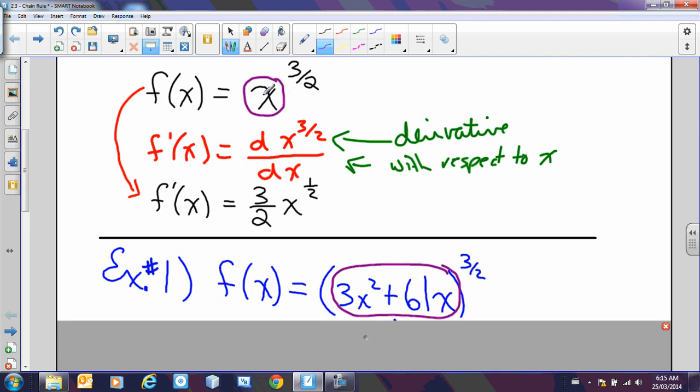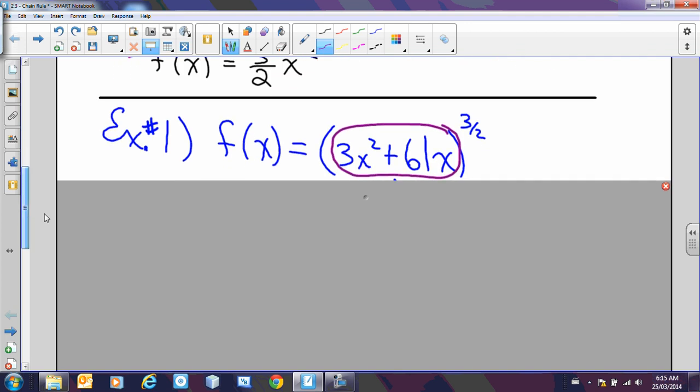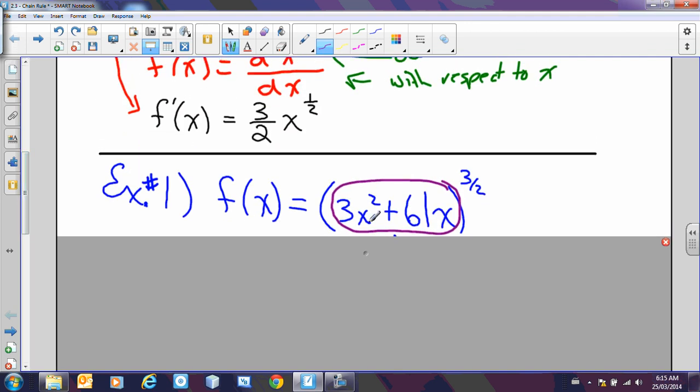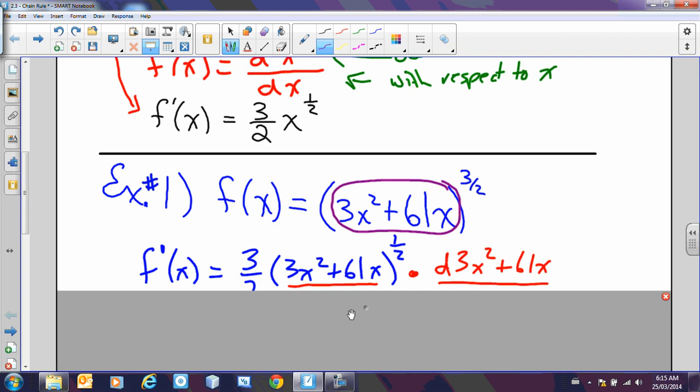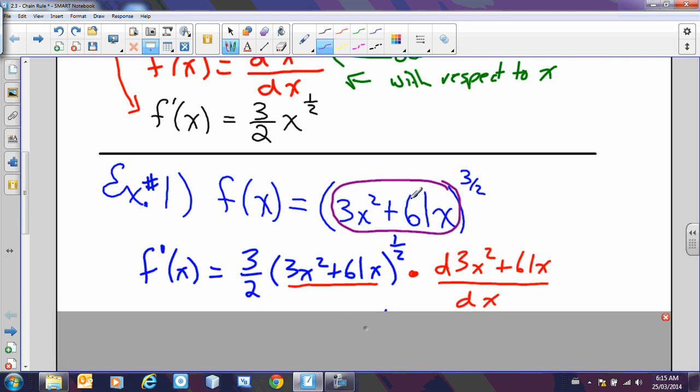And if I have an unknown value to the exponent 3/2, I should end up with, for my derivative, 3/2, the unknown expression to the 1/2. Certainly that has to hold, because I just have an unknown value here that I need to take the derivative of. So the first part of this, 3/2 multiplies by the coefficient out front. The expression in the middle remains unchanged, and to the exponent 1/2.